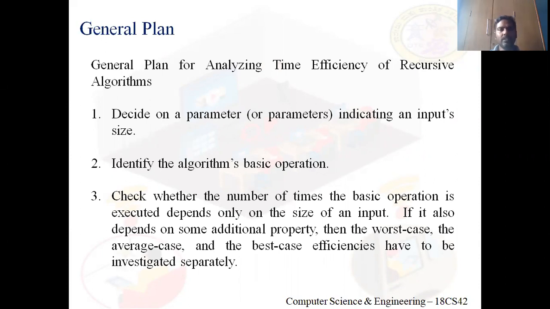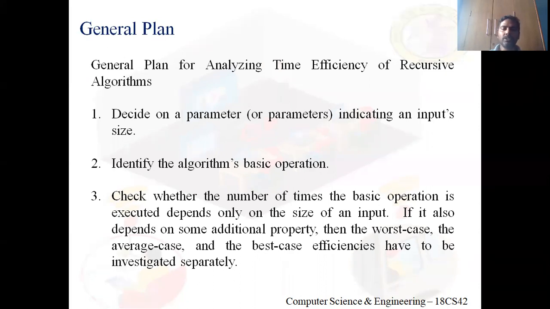As said, the first three steps are the same as the analysis of non-recursive algorithms. Clear? So the first thing you need to identify is that in your algorithm there may be any number of parameters, maybe local parameters or formal parameters, whatever it be.